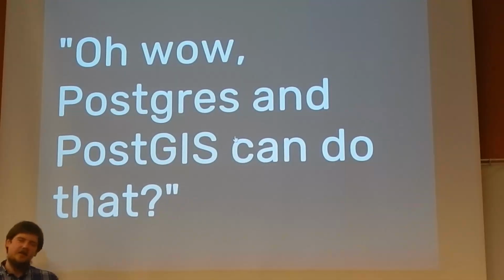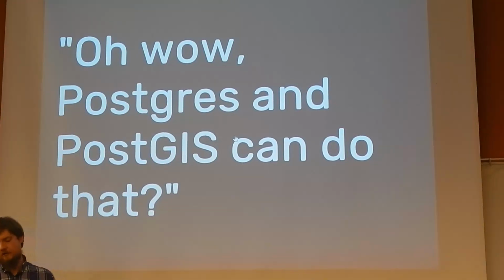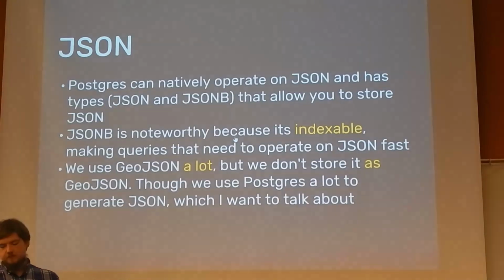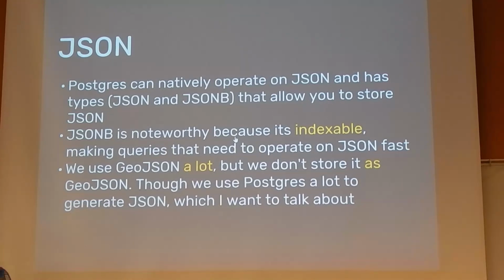So now I'm going to talk about what is kind of like a zoo of PostGIS functions and Postgres functions. This talk was almost entirely about JSON and GeoJSON, but I figured that was a bad idea, so I just gave it a few slides in the presentation.